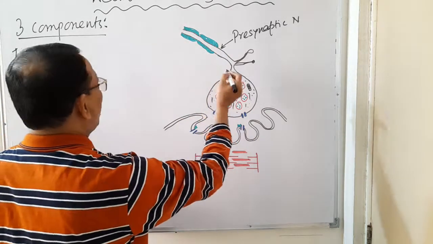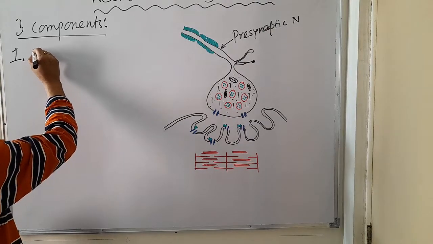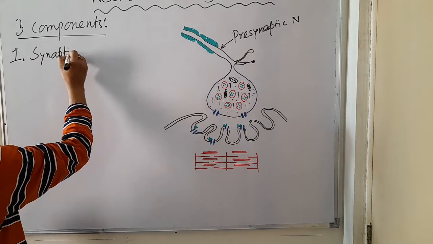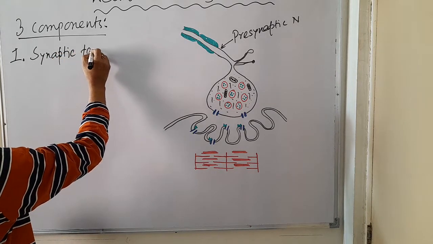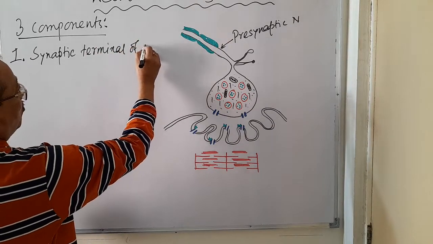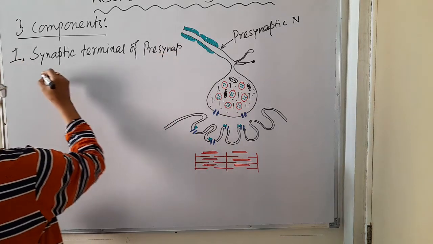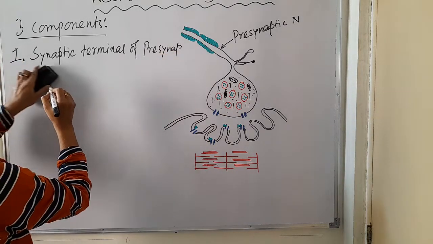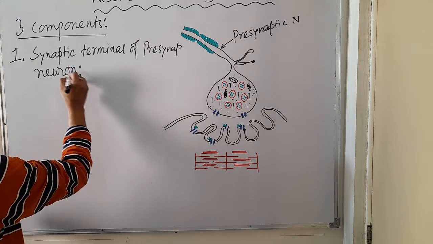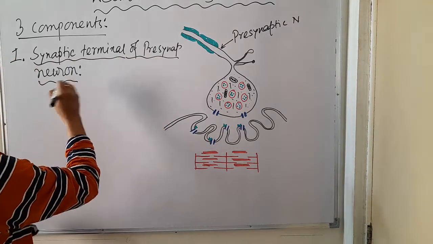So the first component of the neuromuscular junction is the synaptic terminal or axon terminal of the presynaptic neuron. This is the first component of the neuromuscular junction structure.